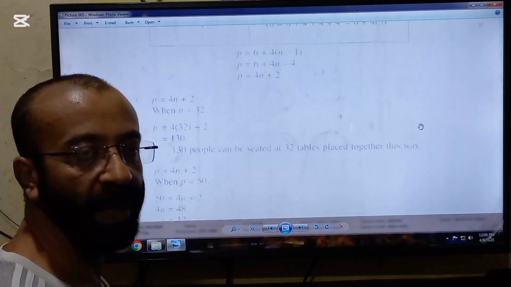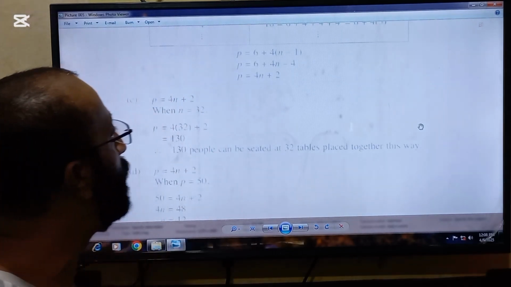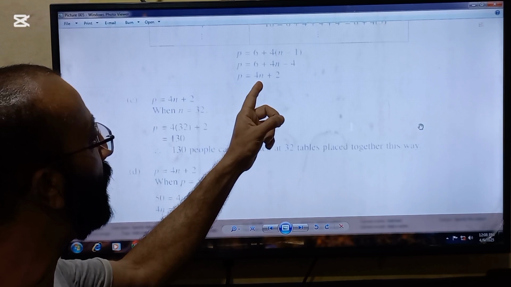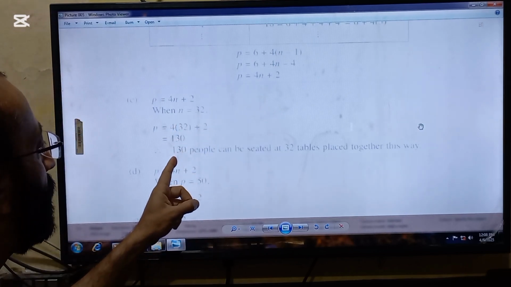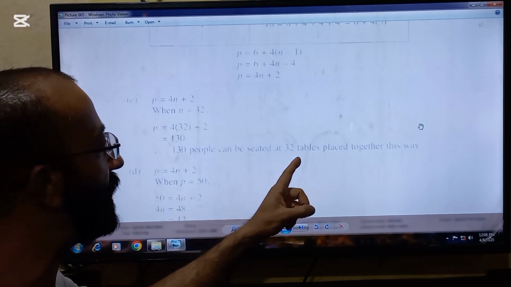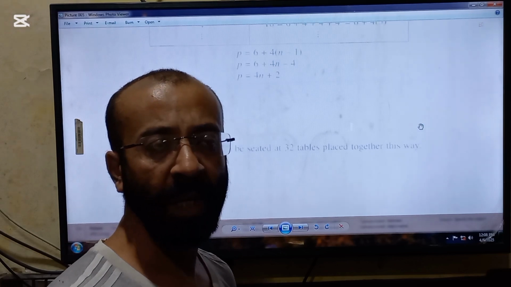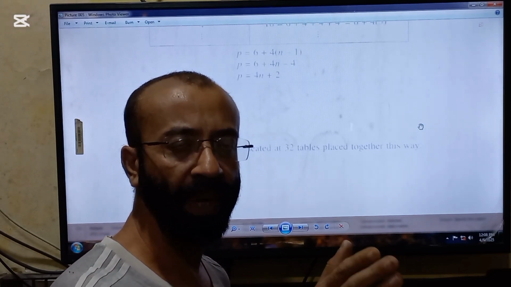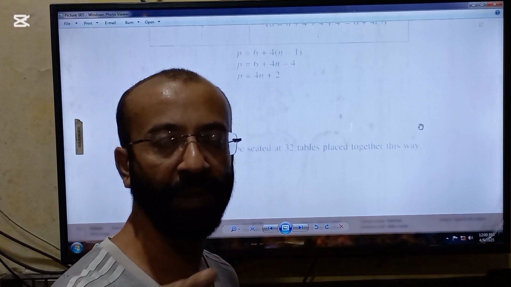C part's requirement is, how many people can sit at 32 tables. So you will put 32 in place of n. After putting 32 in place of n and solving it, you will get 130. So this is the number of people that can be seated at 32 tables. And the last requirement was, if you take 50 people with you to the banquet hall, how many tables will be required?